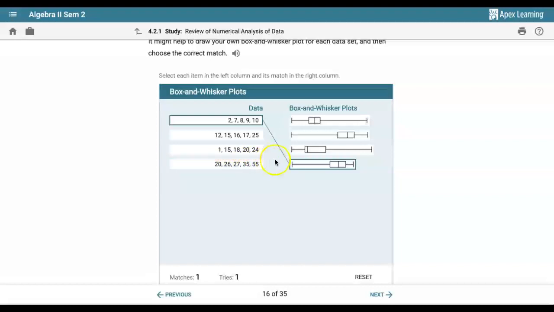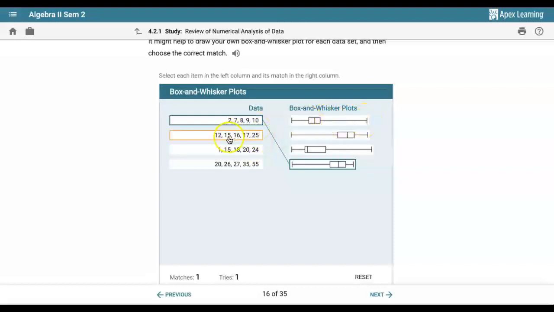And it's got 2 graphs that it could possibly be. If we look at 12, 15, 16, 17, 25. Again, 15, 16, 17 are all perfectly 1 space away from each other. 25 is still a pretty far outlier.